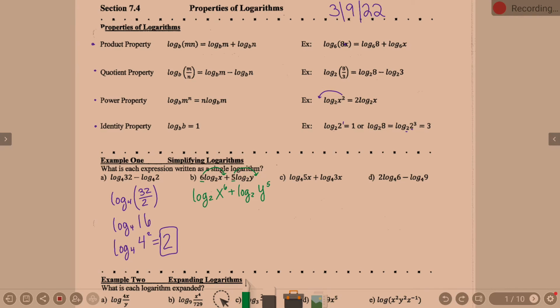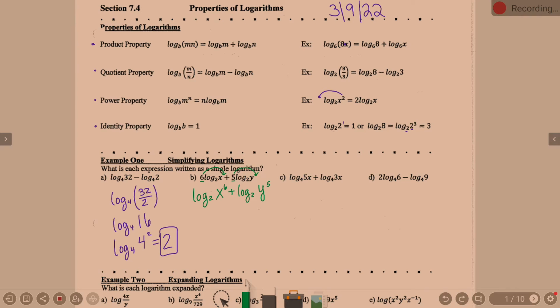Now, we have 2 logs being added. They have the same base, correct? So what do we do? Well, you mentioned the product property earlier. What's the product property say? Two logs being added can be rewritten as one log where the insides are multiplied.